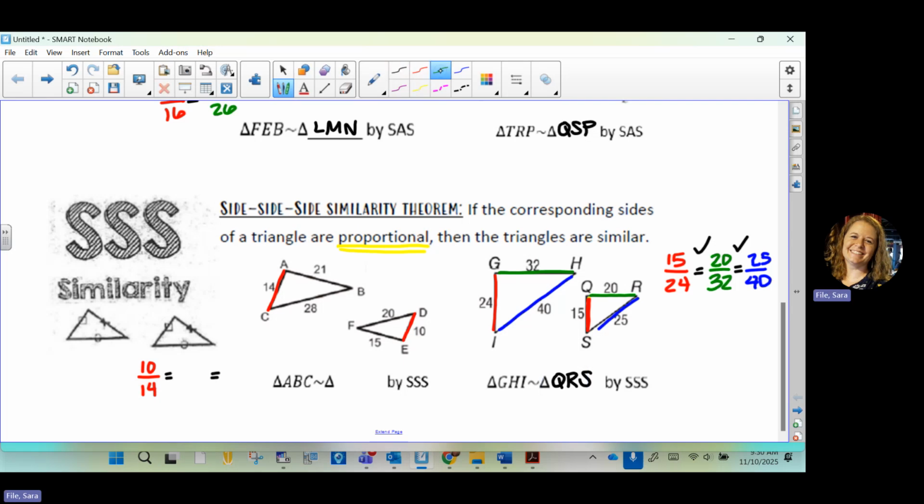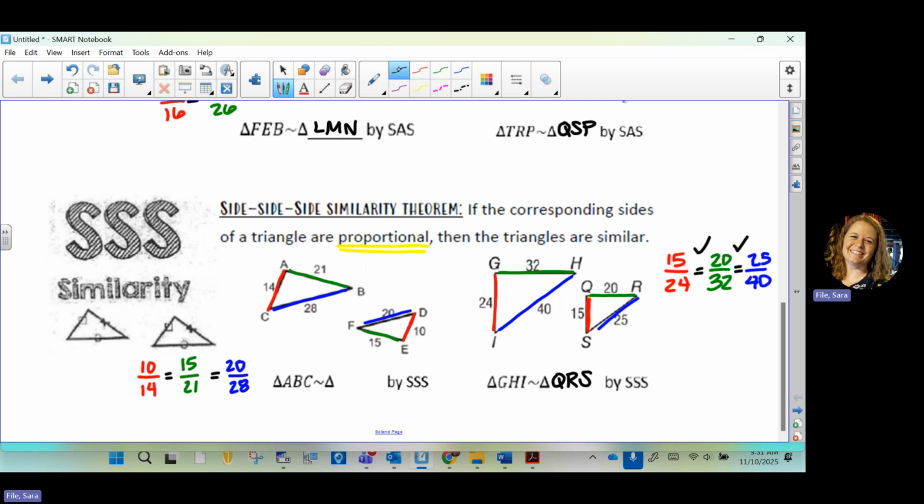Okay, then the middle length is the 21 and the 15. And the longest length is the 28 and the 20. Now, if you reduce all of these, if you do all of this dividing, they all come out the same, which is 5/7.